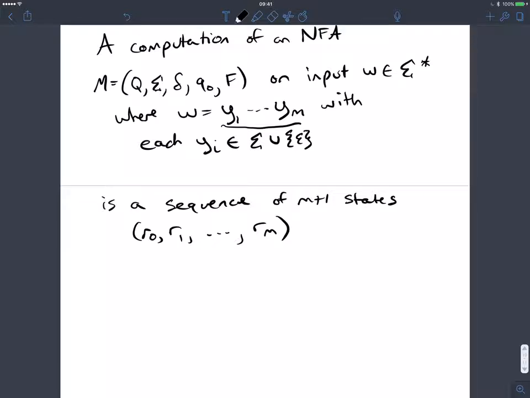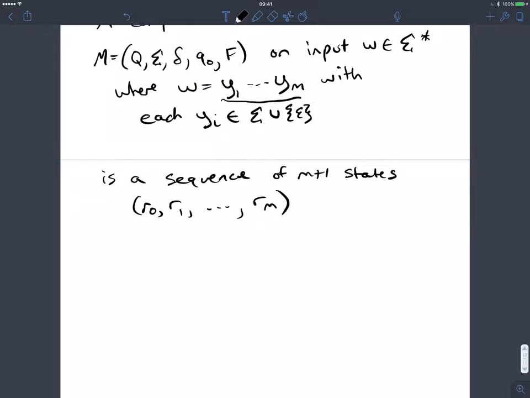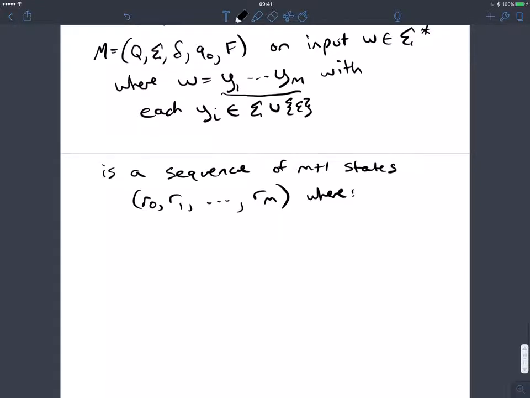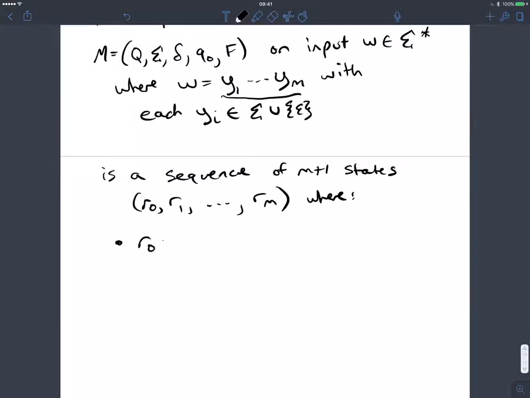So I really do have m plus 1 states here. Okay, but then we can't just have any sequence of m plus 1 states. We've got to make sure that it's a valid computation. So what's an easy stipulation that I know about this sequence? What is R0? It better be the start state. So exactly the same as with DFAs.